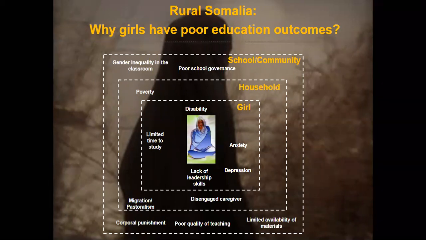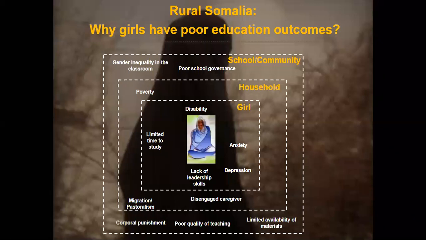It's related to household factors such as poverty and unequal allocation of chores, as well as parents' perceptions about education for girls.